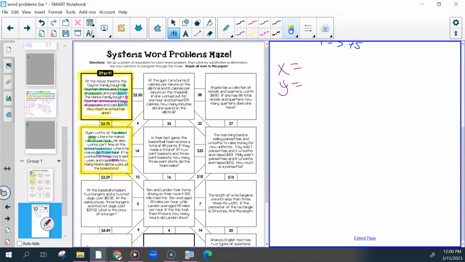What don't we know here? So we can say x is the number of hours worked in the bookstore. And y is the number of hours at the donut shop.